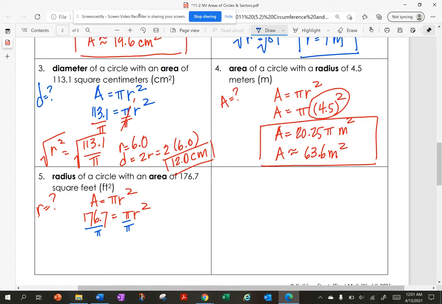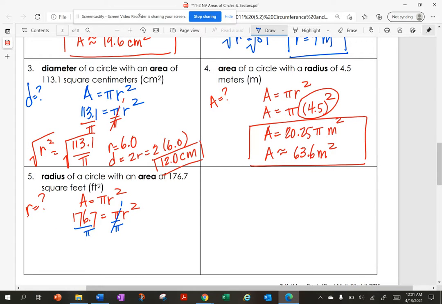Whatever I do on one side, I need to do on both sides to keep my equation equal. Pi divided by pi is 1. So I get r squared equals 176.7 divided by pi. I'm going to undo the squaring, so I'm going to take the square root. So I get r is 7.5 feet.